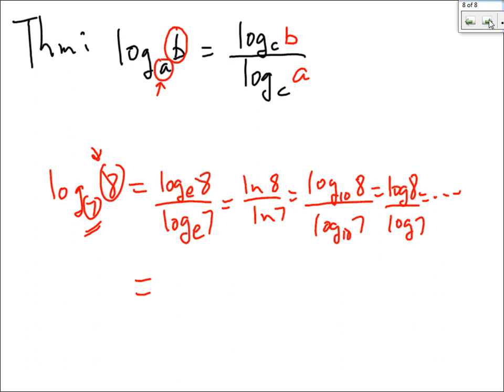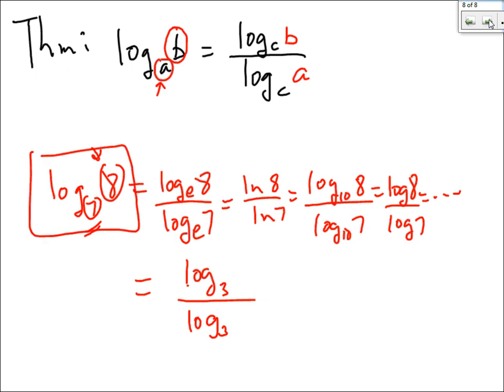If you have a strange calculator and it has log base 3, log base 7 of 8 is equal to, well, the 8 is higher looking, so it goes in the top. The base is a lower number, it goes in the bottom.